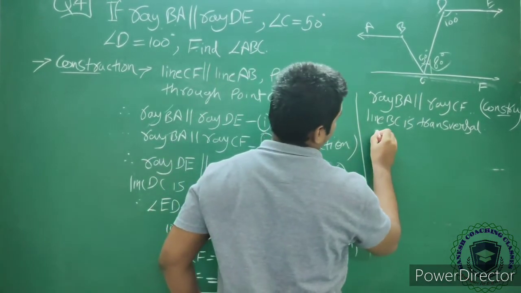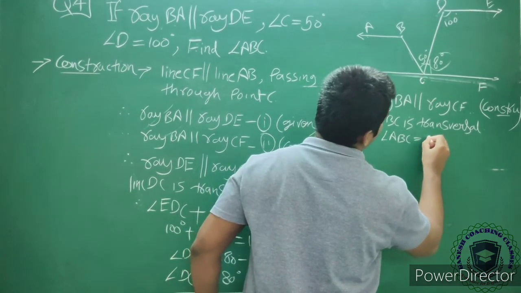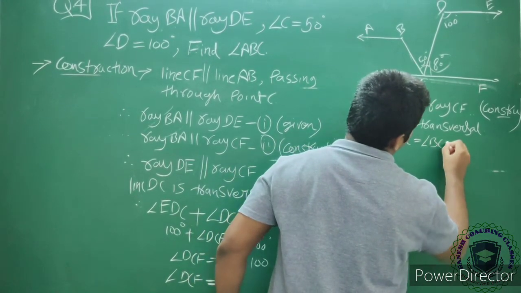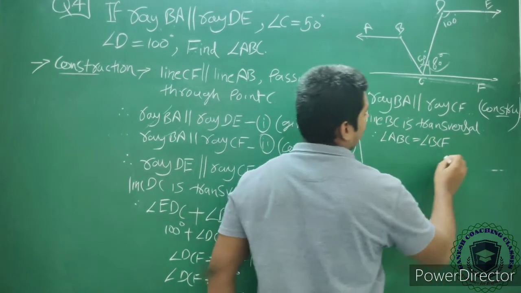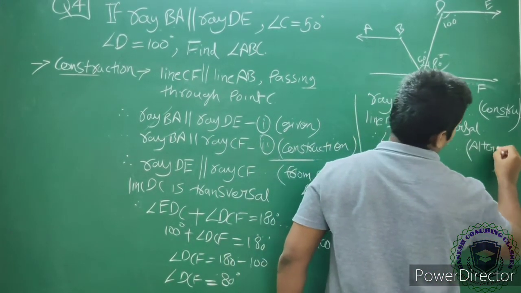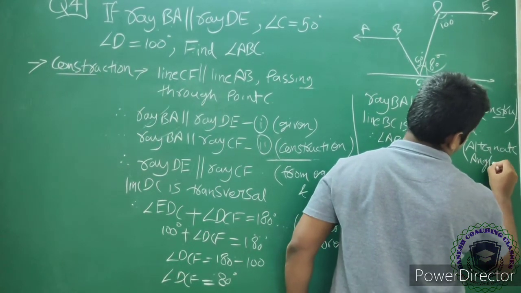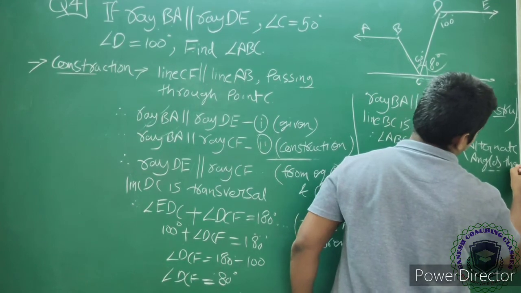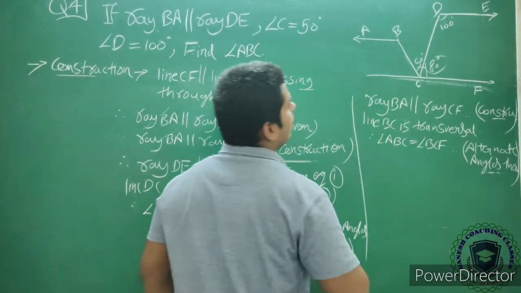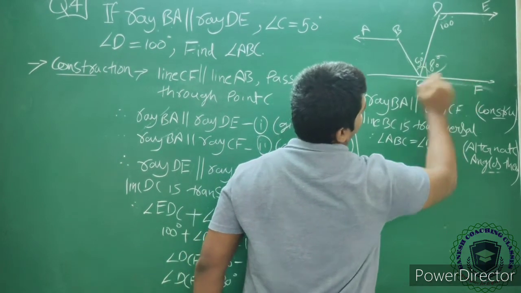So we can write that angle ABC is equal to angle BCF, by the alternate angle theorem. Okay, by the alternate angle theorem, we got ABC is equal to BCF.